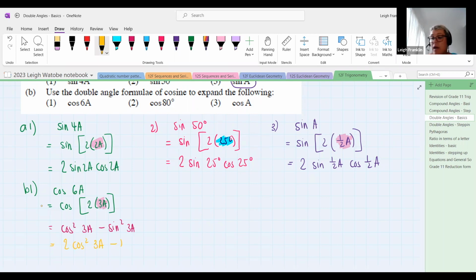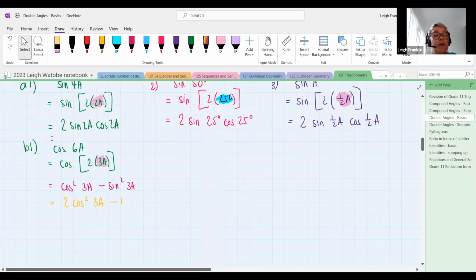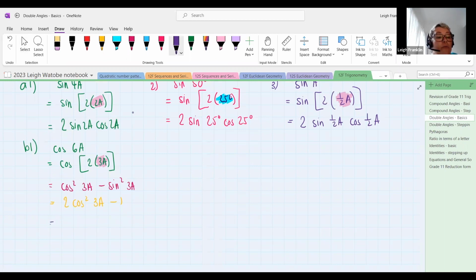And my third option is 1 minus 2 sine squared 3a as well. In the beginning, we just want to become comfortable in writing out our identities and then using the correct angle. Is that okay with everybody? Thumbs up. Is it making sense? Are we all happy?